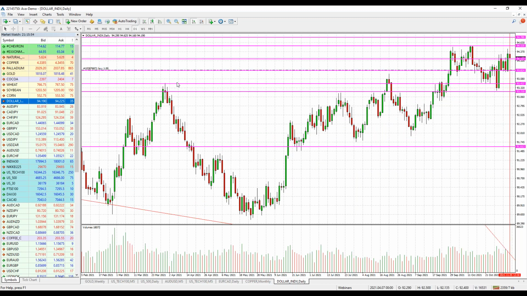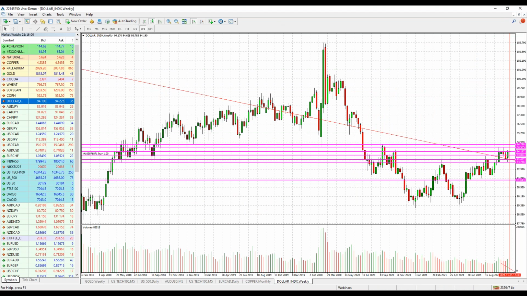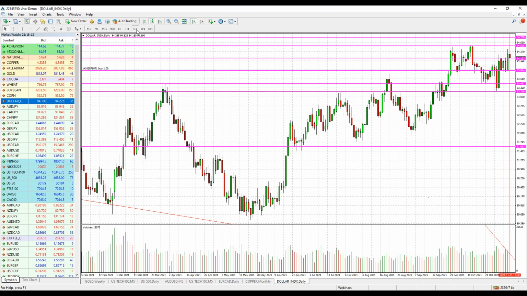So let's see what happens this upcoming week. If we're holding it, like we said last week, we're really focusing on breaking out of this range. It's been sitting here trying to break this level for 5 weeks straight, and let's see if it happens.